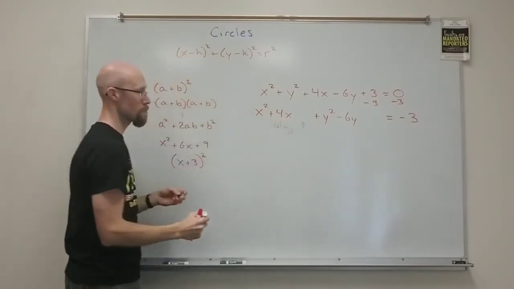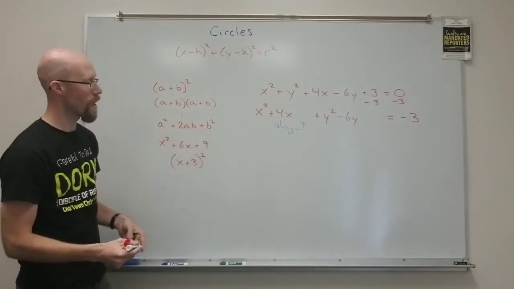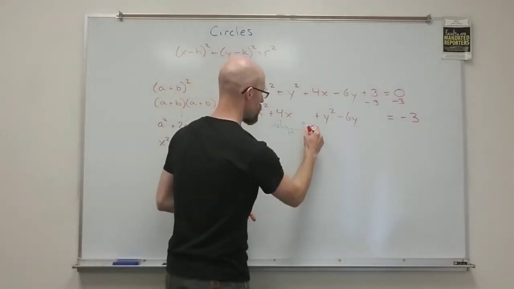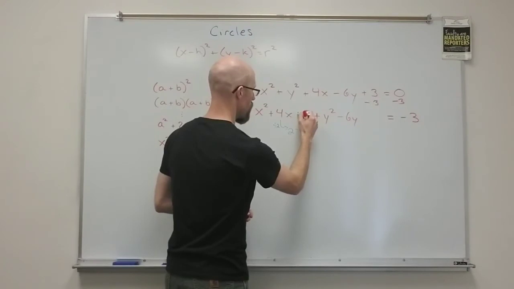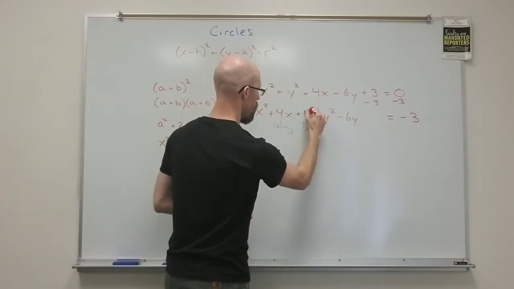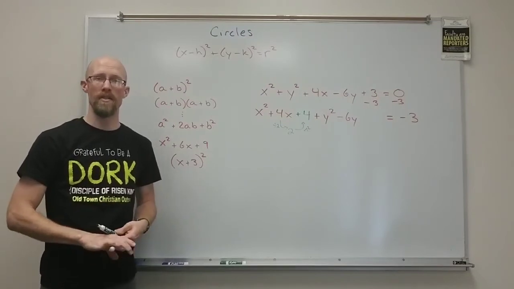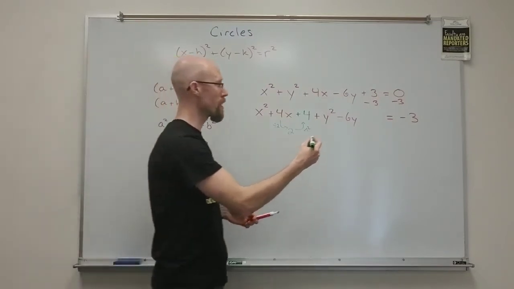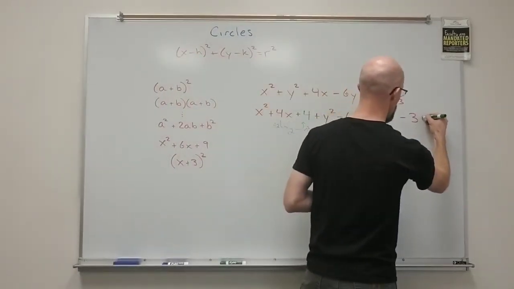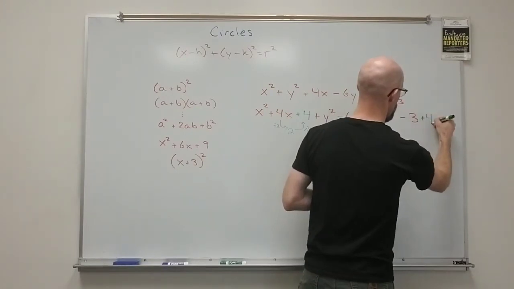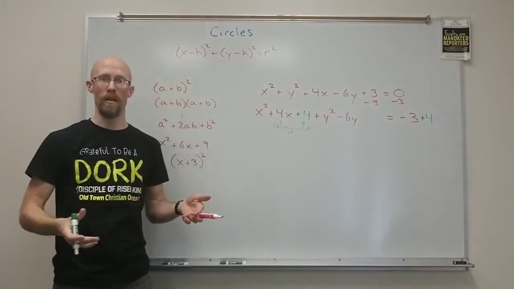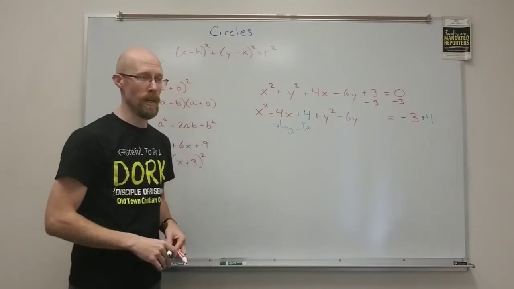That's my b value, and then to square that, I get 4. That would be adding a 4 to the left side. But if I add a 4 to the left side, I better add a 4 to the right side as well. Otherwise, I'm violating a principle of equality. Whatever I do to one side, I better do to the other one.